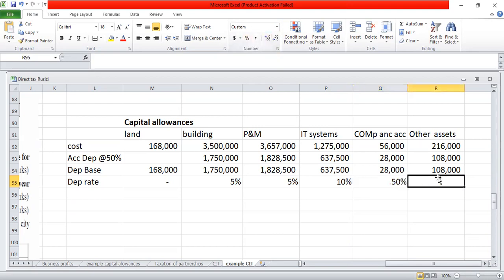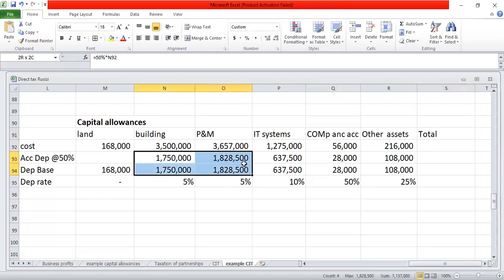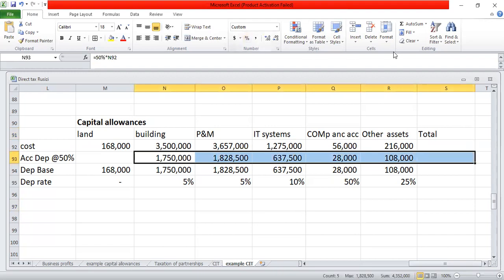And here we have 25%. This will be my total. So here I'm going to add my accelerated depreciation.